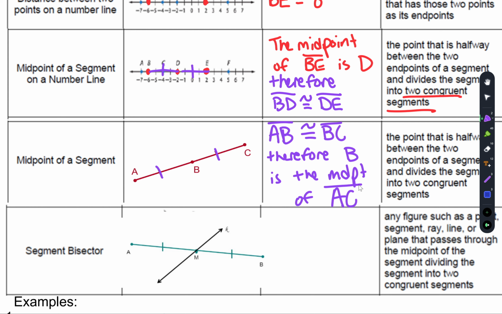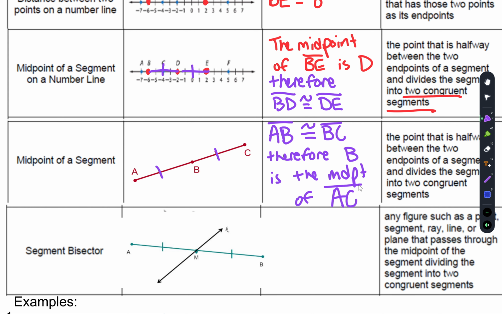Does that make sense? Sometimes we're able to just literally count up the pieces and see, yeah, I can clearly see that this is 4 tick marks and that's 4 tick marks, so I know that must be the midpoint. Here, I can't just eyeball it, so I have to know that those two segments are congruent.